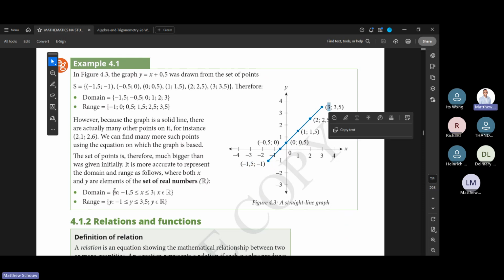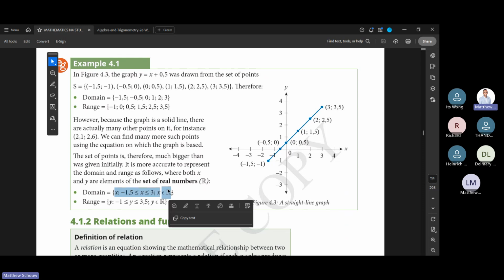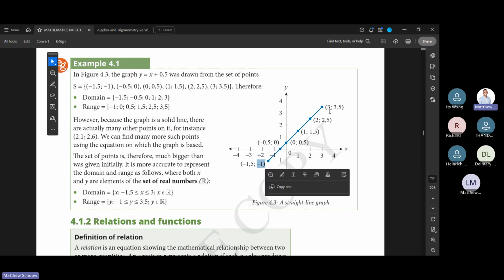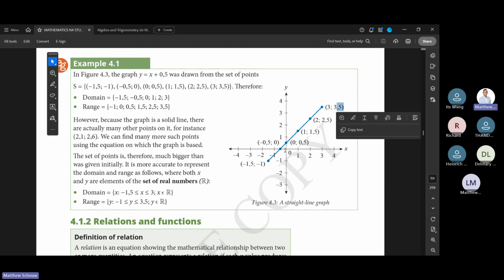So we say that negative 1.5 is less than or equal to X, which is less than or equal to 3, and X is an element of the real numbers. That means all the numbers in between. Our range in this case will be from that value to that value over there, the lowest point going right up to here, and Y is an element of the real numbers. That again pertains to all the numbers in between.